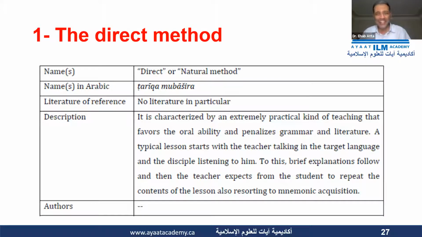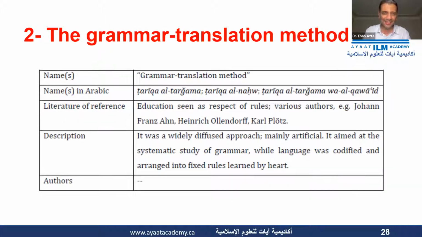I cannot speak Turkish, but he can speak it fluently, and he is still only in his 4th year in school. Okay, so let's return. This is the direct method.